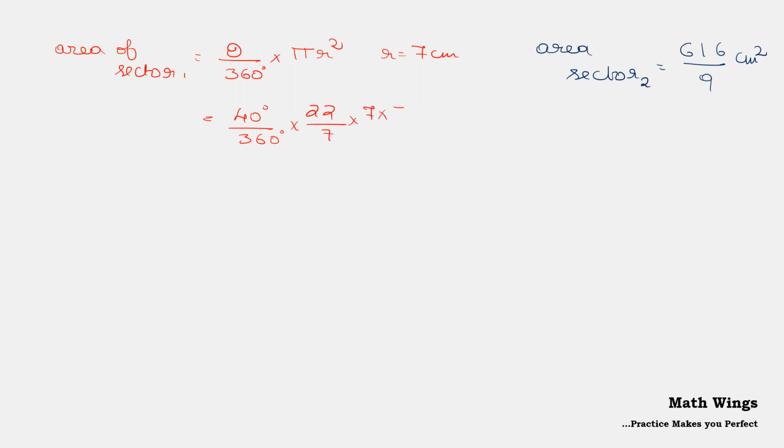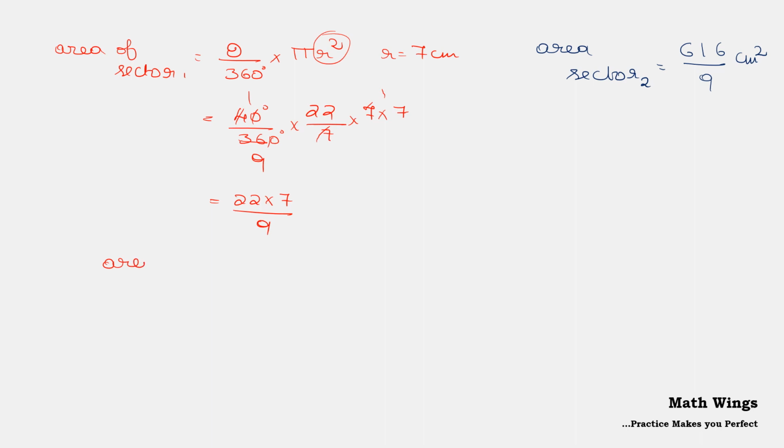So 7 into 7, because we have r square here. When we cancel, we'll get 4 ones are 4, 9 nines are 9, 7 ones are 7. So remaining is 22 into 7 divided by 9.